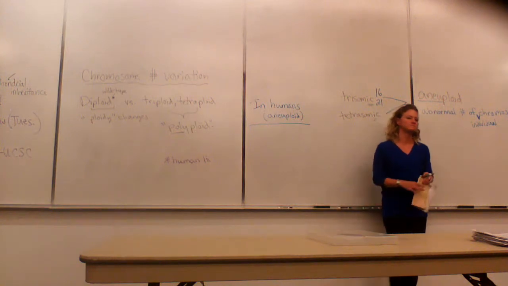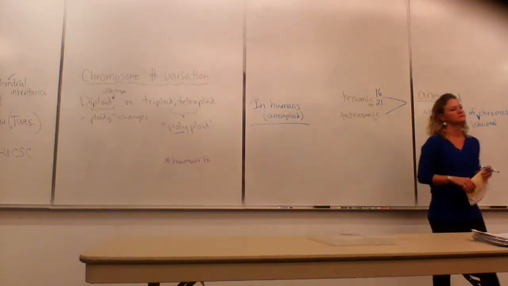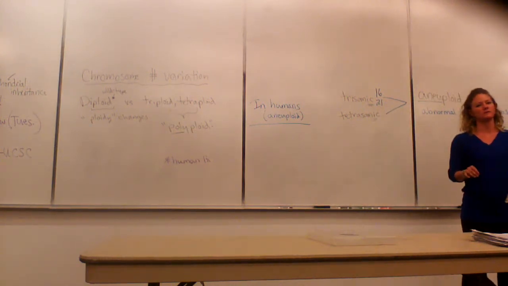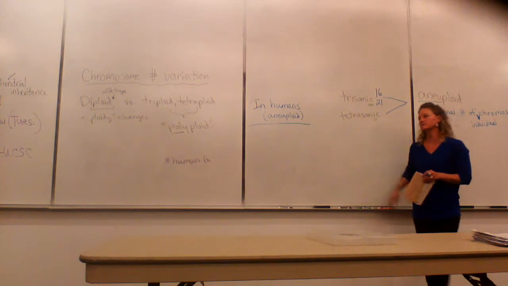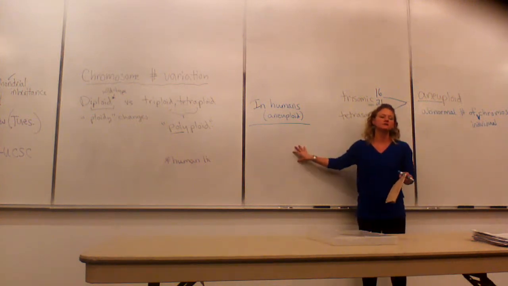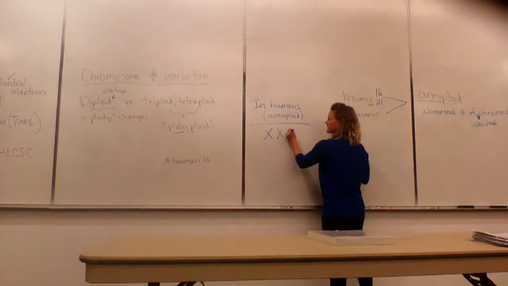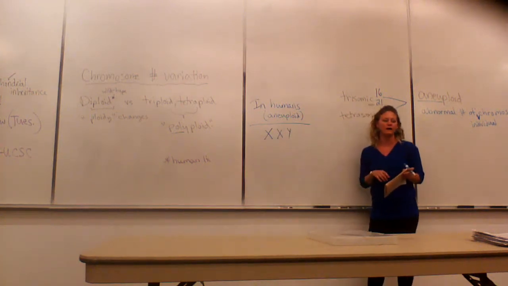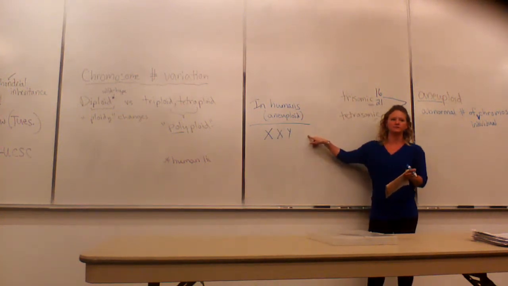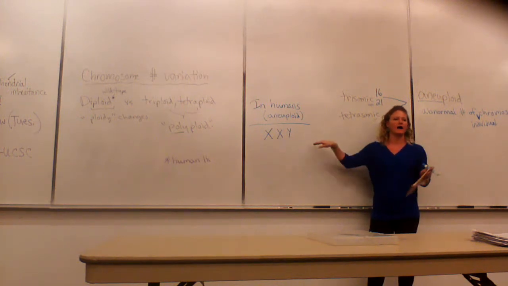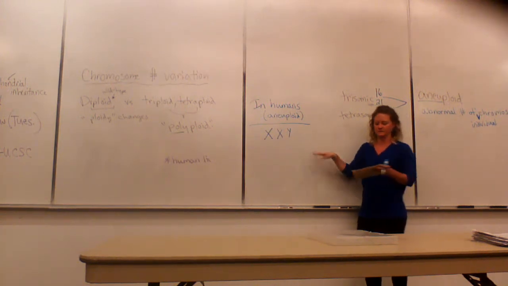Which chromosome? Besides 21. Not the sex chromosomes, right? Yeah, so you tend to see more of this, like we talked about the calico cat, the XXY. So this is an aneuploid. So you have one chromosome that's out of whack in terms of its diploidy is not there.